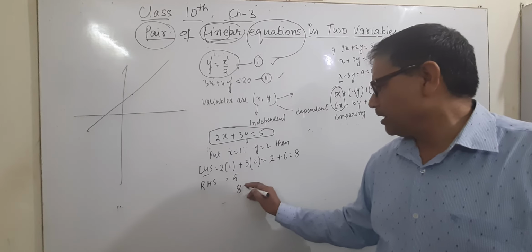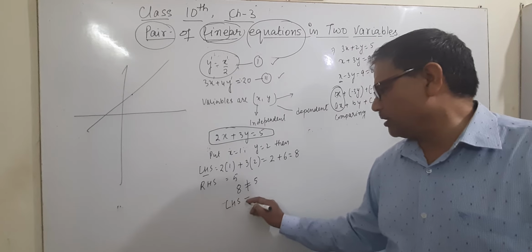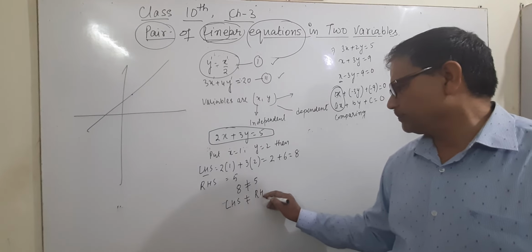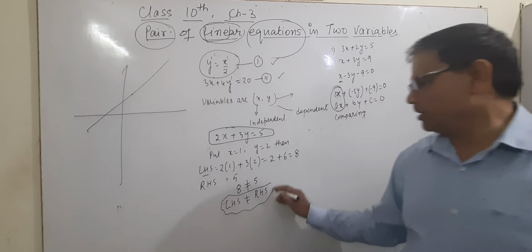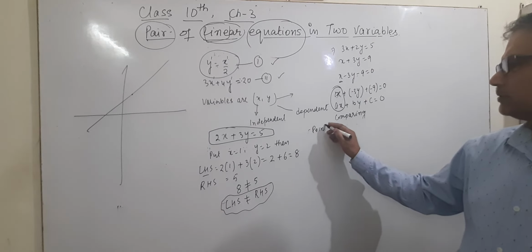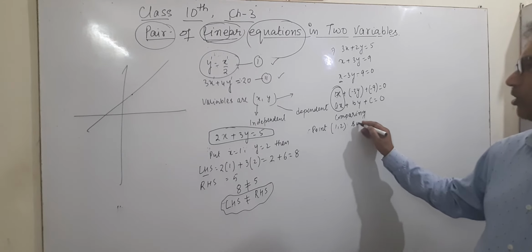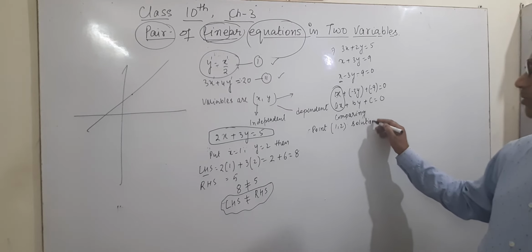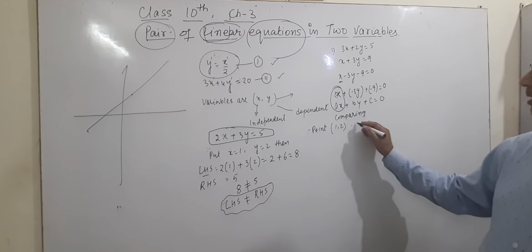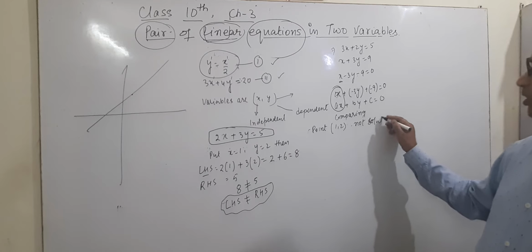It means 8 is not equal to 5, meaning LHS is not equal to RHS. Then the point 1 comma 2 is not a solution of 2x plus 3y is equal to 5.